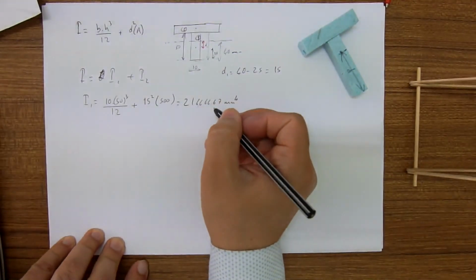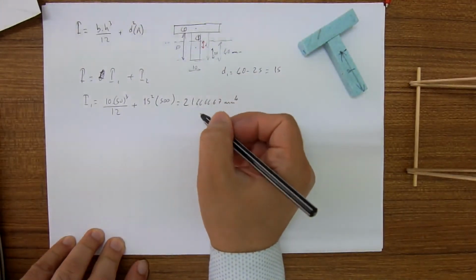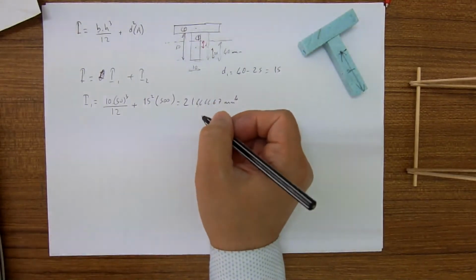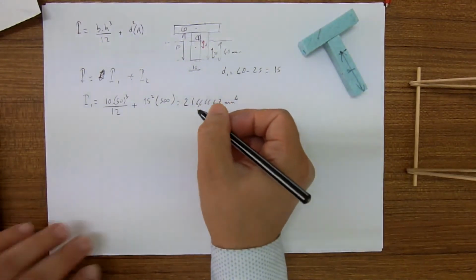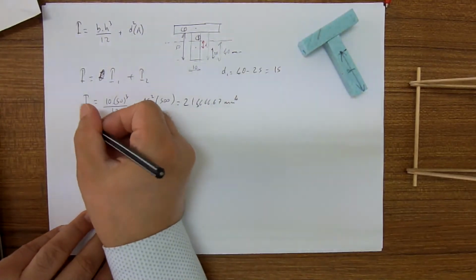We can convert it into meters, or should we keep it this way? For now, keep it this way.